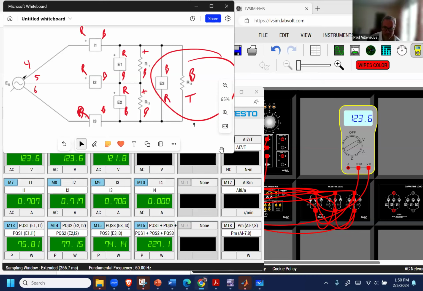Okay. How'd that go? Anybody have any questions or any struggles with this part? Are you still working on it, or are you ready to move on to measuring power in a three-phase circuit?